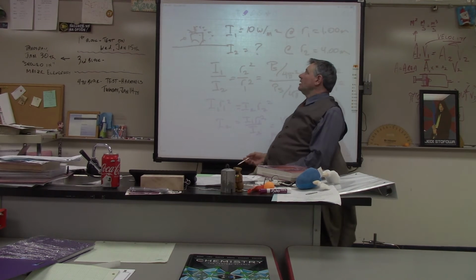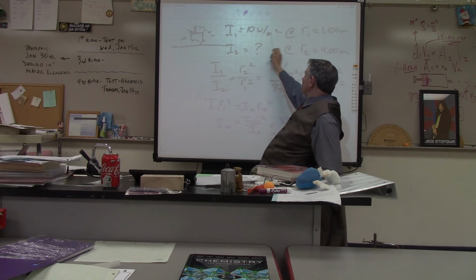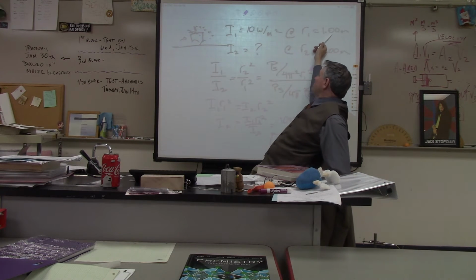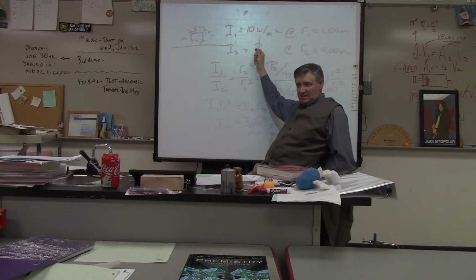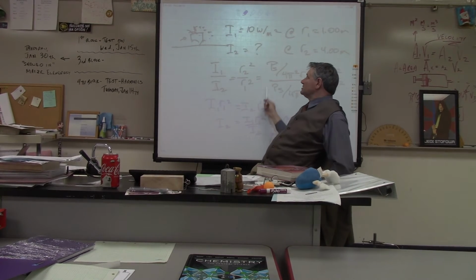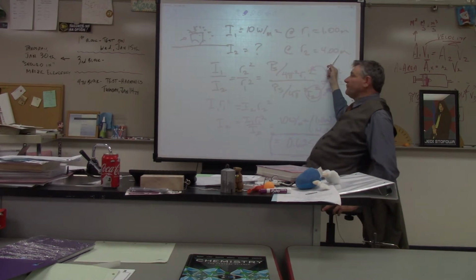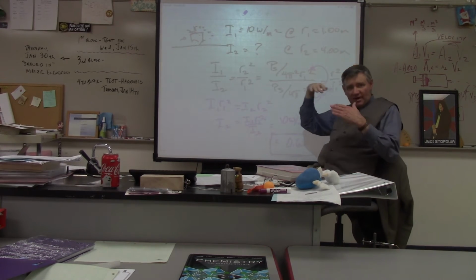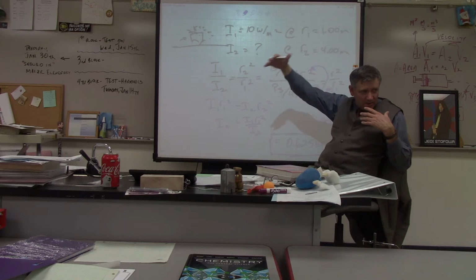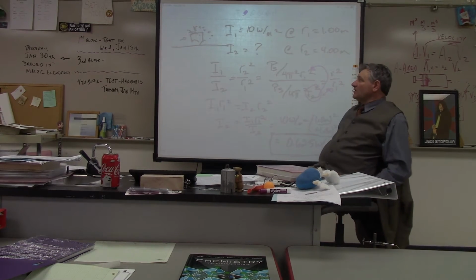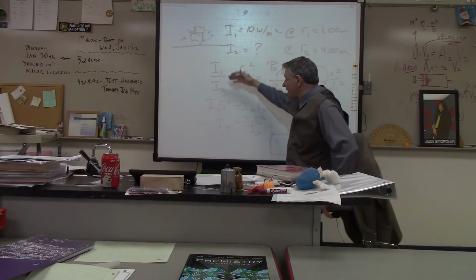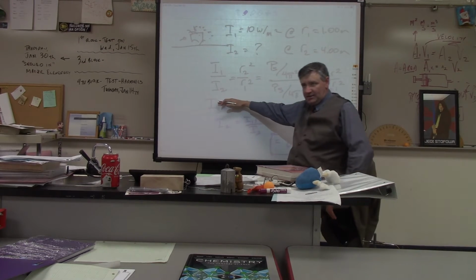Let's say if you're 1 meter away from the source, the intensity is 10 watts per square meter. What I want to find is the new intensity if I'm 4 meters away. I've quadrupled my distance, from 1 meter out to 4 meters. So this is just a ratio. I want to find the ratio of I1 to I2.